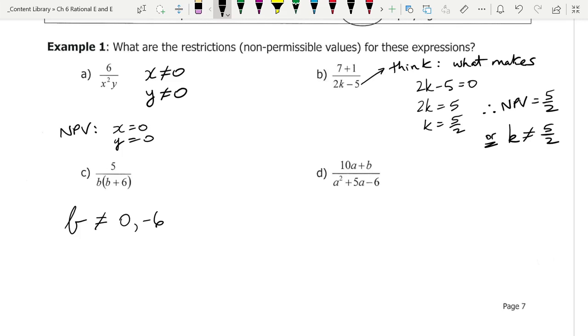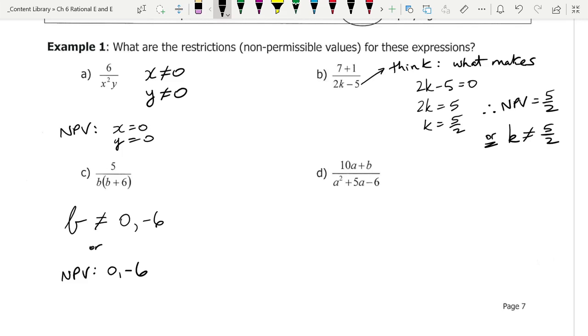And then I can't divide 0 into 5. My non-permissible values are 0 and -6. Notice when there's only one variable, I don't have to say what the variable is like I did in A, because there were two variables, so I had to make sure that I listed them both. I'm happy with this as an answer for C.